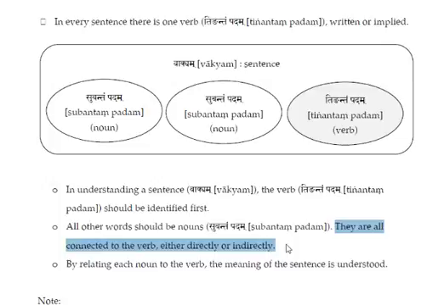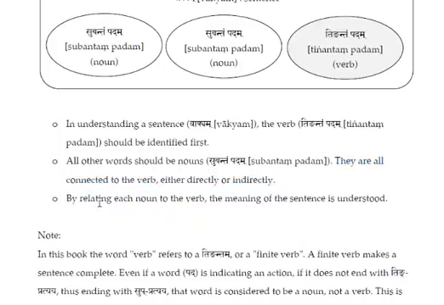How does he go? Ratena, by the chariot. And with whom? Sitaya saha, with Sita. This is indirectly connected to going. Like that, by relating each noun to the verb, the meaning of the sentence is understood.